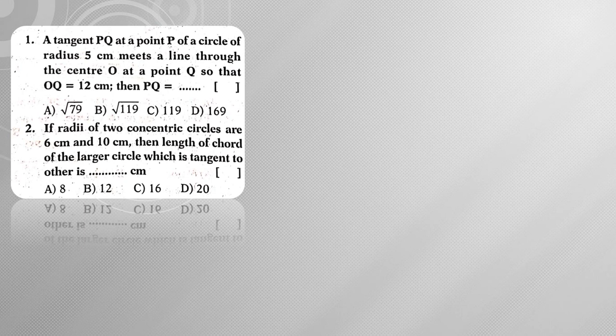Question number 1. A tangent PQ at a point P of a circle of radius 5 centimeters meets a line through the center O at point Q, so that OQ is equal to 12 centimeters. Then PQ is equal to. Now let's suppose there is a circle, and PQ is the tangent, where the tangent meets the circle at a point P. Then this is Q, and O is the center of the circle.